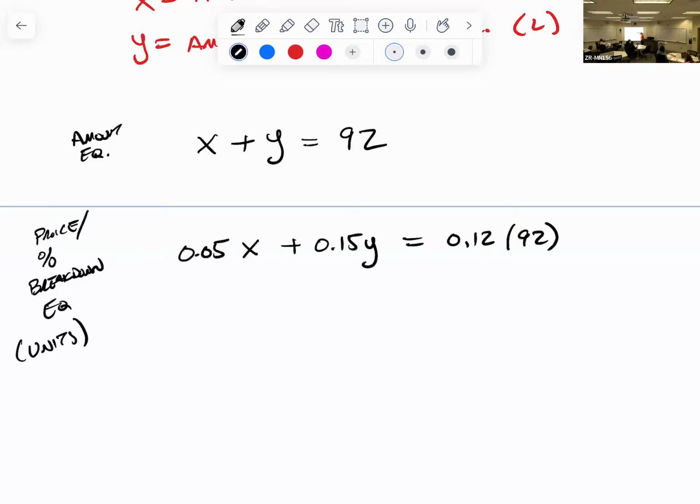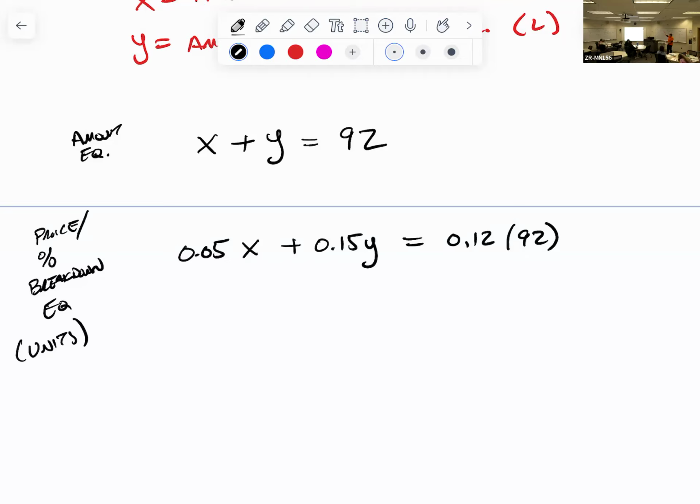Pay attention to your units as you set this up. A lot of people get it without that 92, but if your initial equations are wrong, it's all a mess from there.